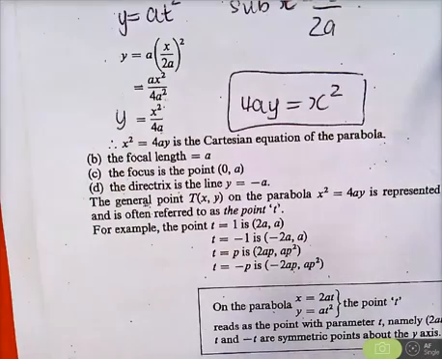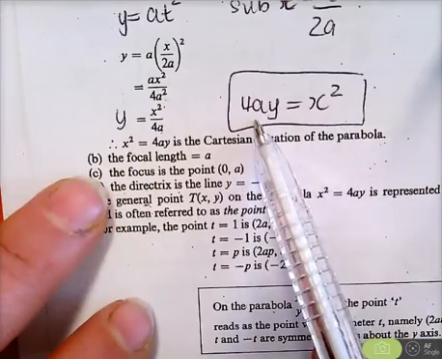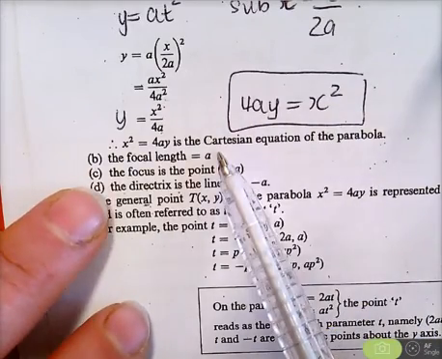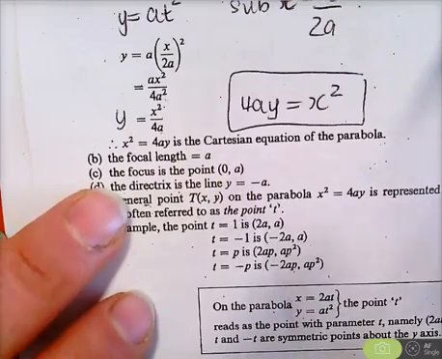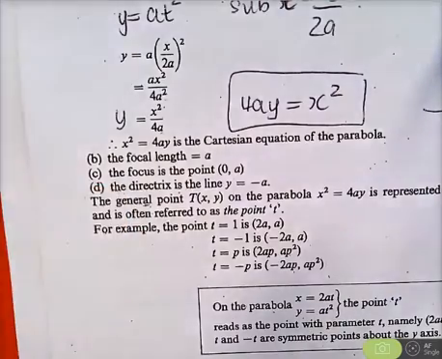So x squared is 4ay is the Cartesian equation. Now, you remember from doing the parabola, x squared is 4ay, isn't the focal length a? And the focus is 0, a.